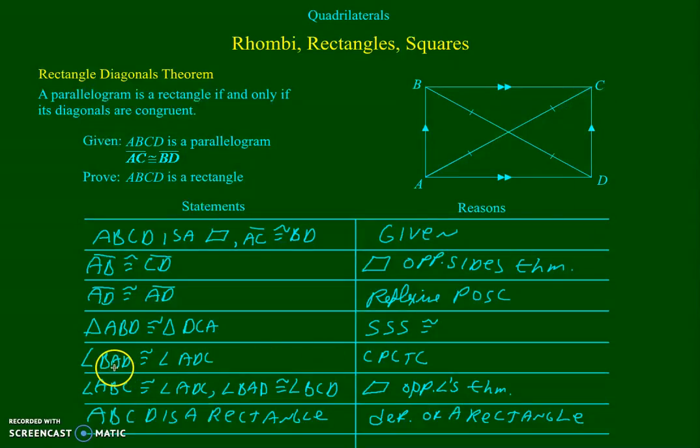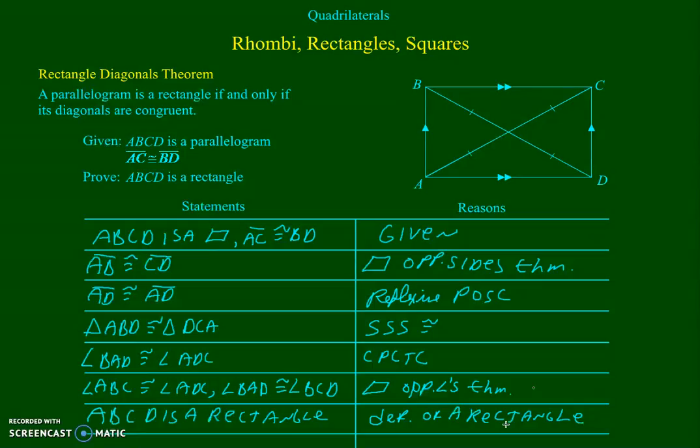Because this angle is congruent to this, and this is congruent to this, and this is congruent to this, all four angles are congruent to each other. Therefore, ABCD is a rectangle by the definition of a rectangle. A rectangle is a parallelogram with four congruent angles.